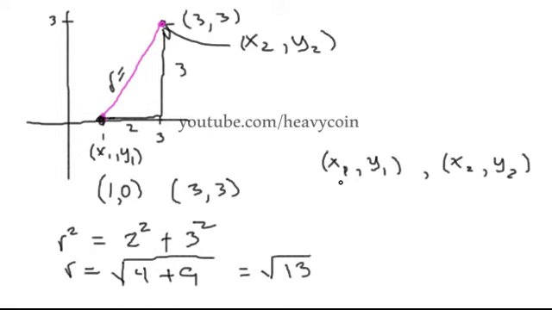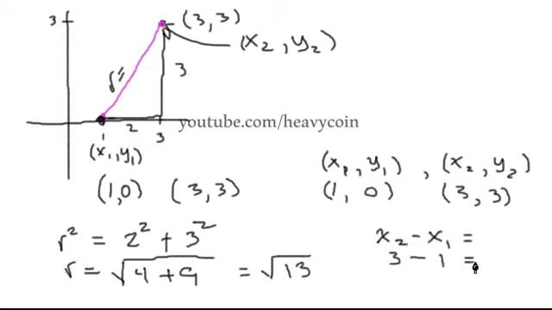Well, if I go ahead and label my numbers here, so this point was 1, 0, and this point here was 3, 3. Okay, so x of 1 is 1, y of 1 is 0, x of 2 is 3, and y of 2 is 3 here. If I wanted to look at the difference between x of 2 and x of 1, right, so this was 3 minus 1 is 2, and that's our 2 right here.